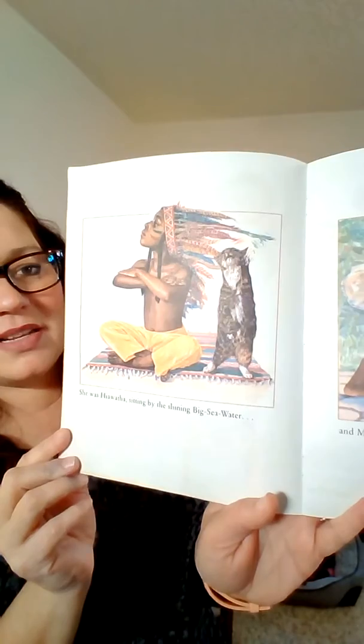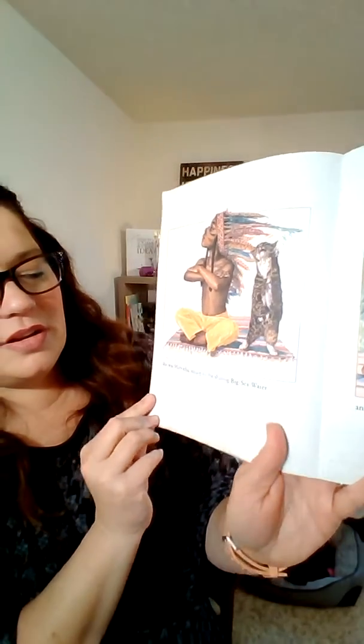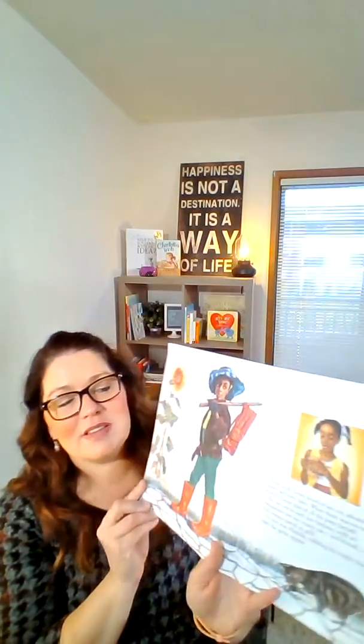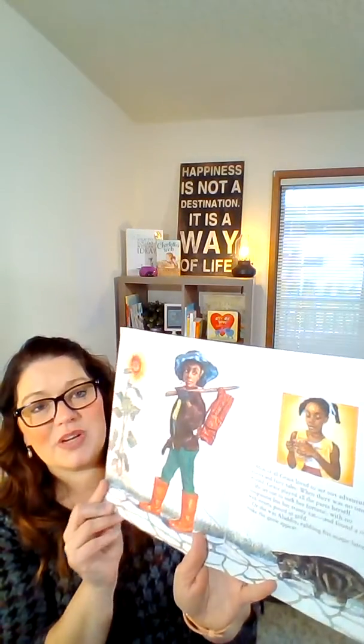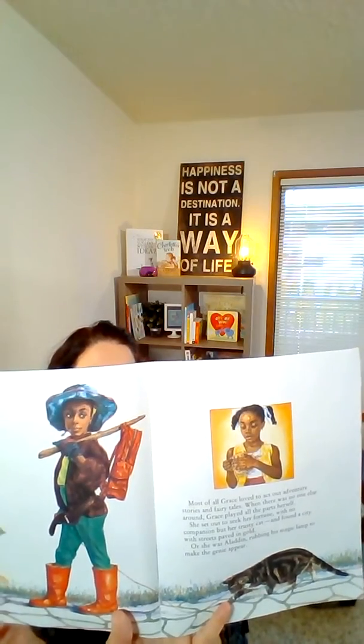She was Hiawatha, sitting by shining big sea water. And Mowgli in the backyard jungle. Most of all, Grace loved to act out adventure stories and fairy tales.